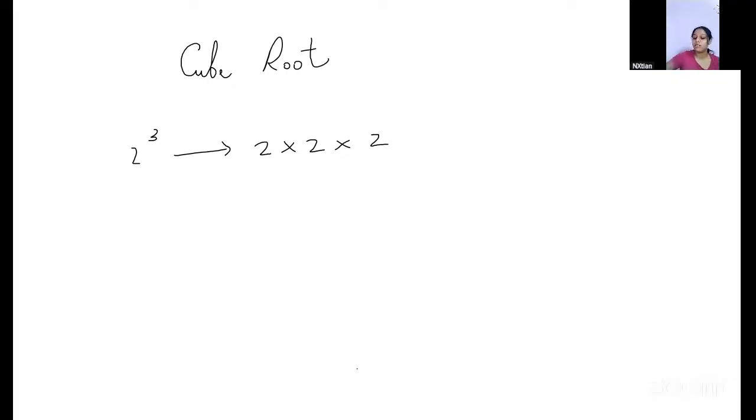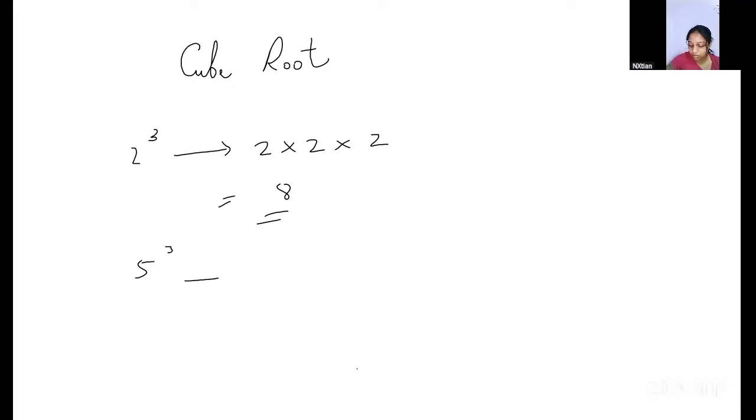Now, I will multiply 2 into 2, 4, 4 into 2, 8. So, 8 is the cube of 2. We can take any number, for example, 5.